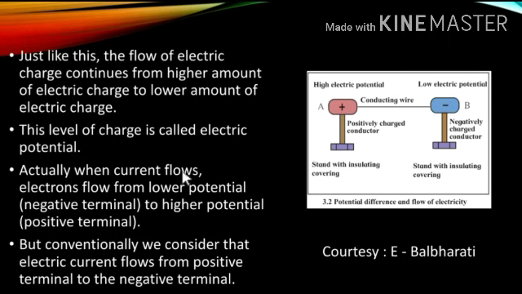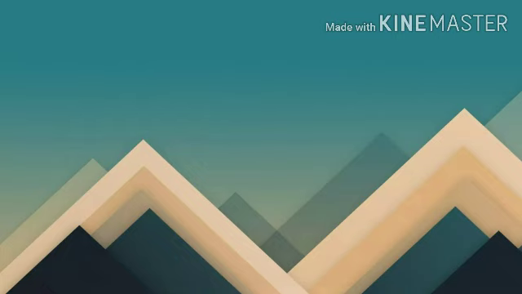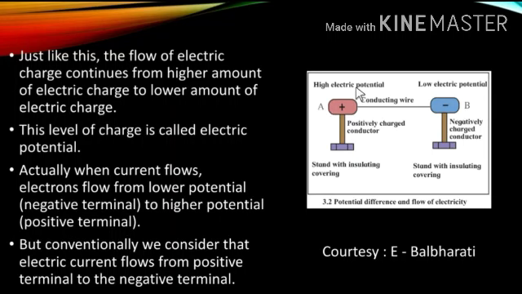Actually, when current flows, electrons flow from lower potential to higher potential. That means a negatively charged terminal is there and a positively charged terminal is there. Electrons are more in number at this point B, that means low electric potential is there, and a smaller number of electrons are present at the terminal A, where the high electric potential is there.